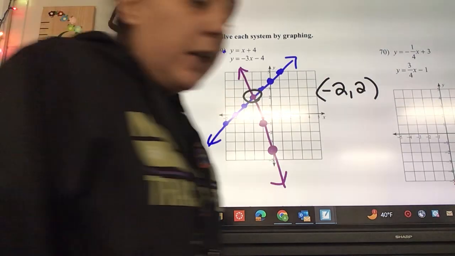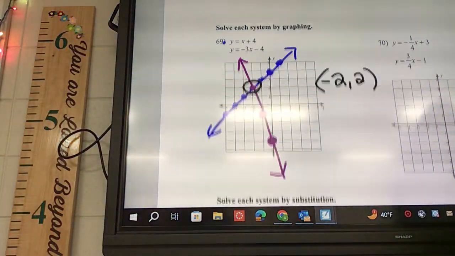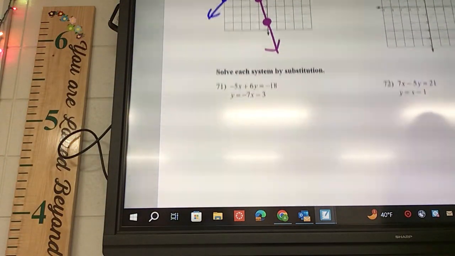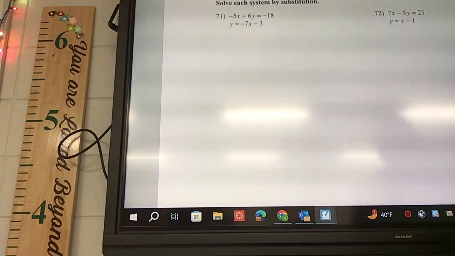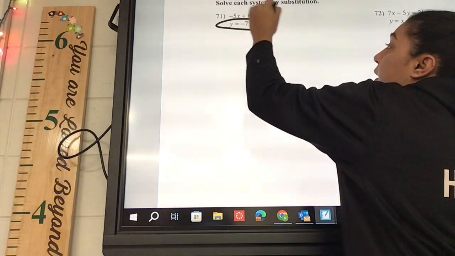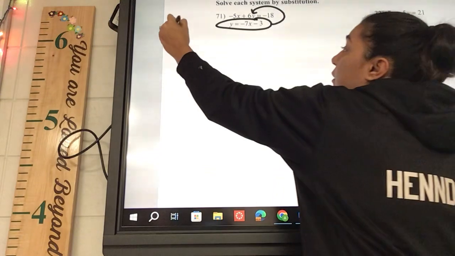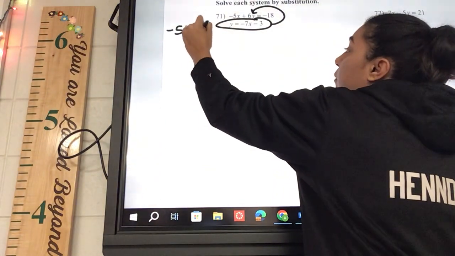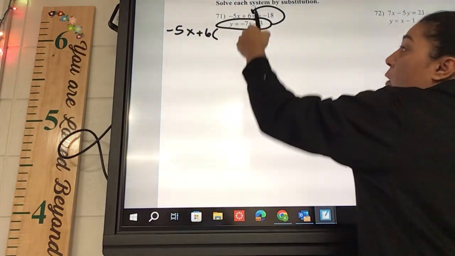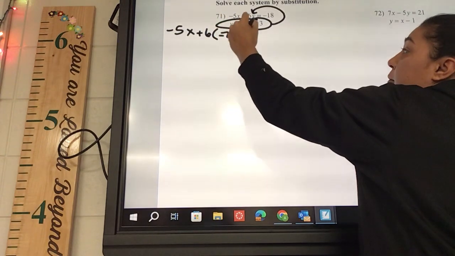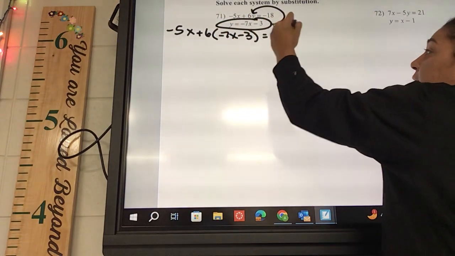Okay, 71 is solving by substitution, okay? So we're gonna circle the equation that says y equals, okay, which is this one, and plug it into the other one. Okay, so it's gonna look like negative 5x plus 6, and instead of y, I'm putting negative 7x minus 3 equals negative 18.